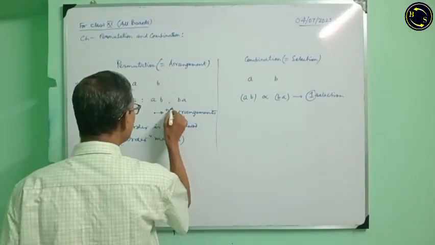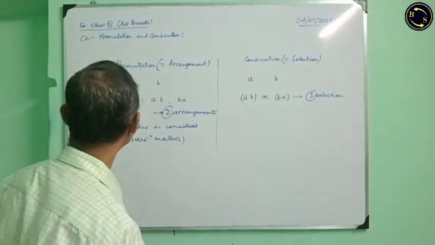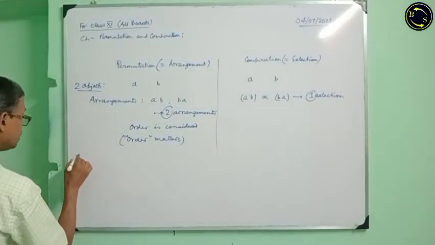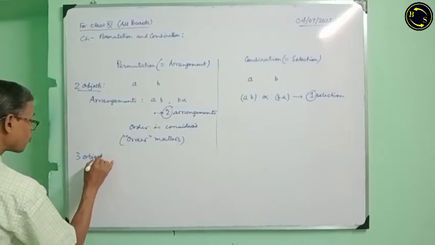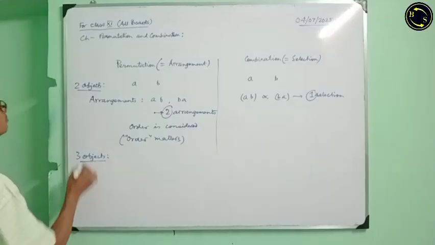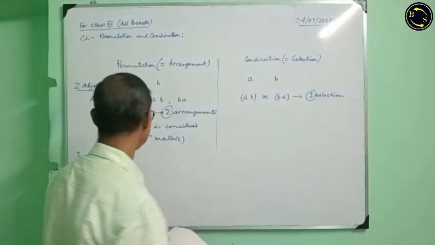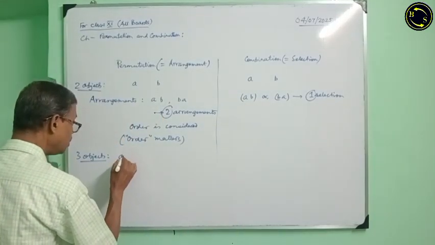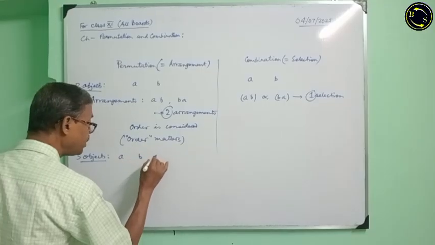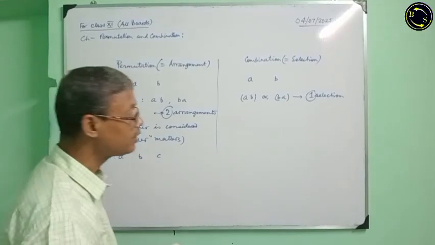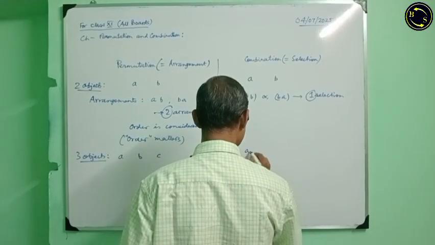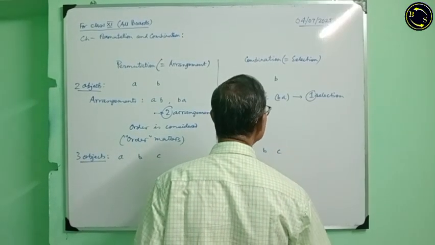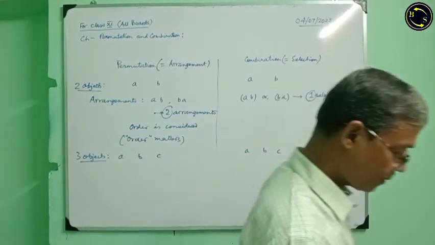But here two arrangements. Then we take three objects. We are choosing three letters, of course different. In case of selection or combination, also three letters.